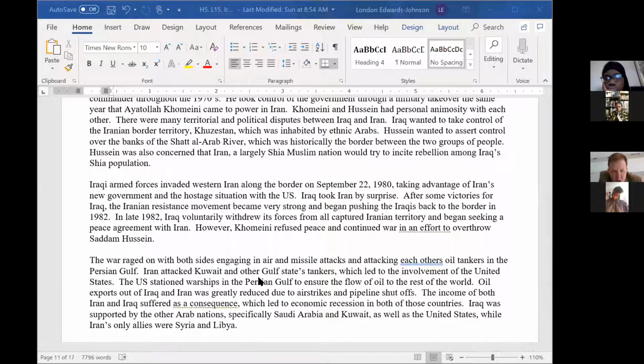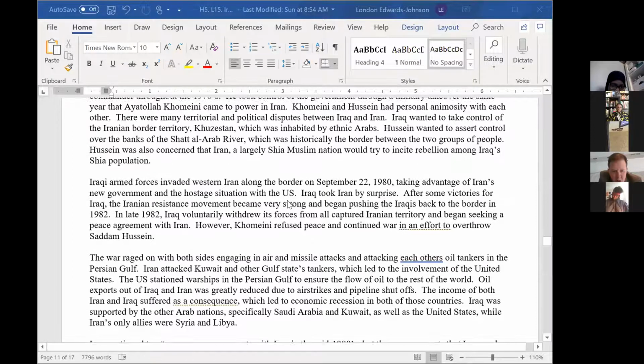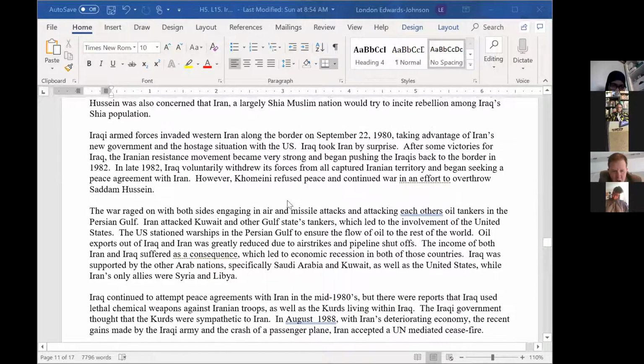Iraq wanted to take control of the Iranian border territory, which was inhabited by ethnic Arabs. Hussein wanted to assert control over the banks of the Shatt al-Arab River, which was historically the border between the two groups of people. Hussein was also concerned that Iran, a largely Shia Muslim nation, would try to incite rebellion among Iraq's Shia population.